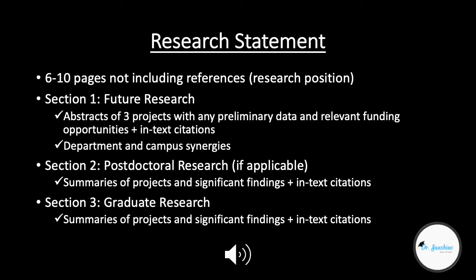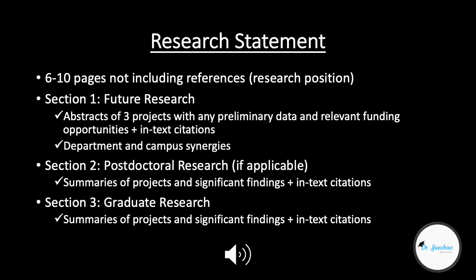If you have any preliminary data associated with this new project idea, then you should include that and explain how you've started this work and how you plan to expand this work upon joining the faculty at this department. Further, you should indicate if you've identified any relevant funding opportunities to support this research, or even if you have already applied as someone with PI by exception status, meaning you're a postdoc and you got permission from your institution to lead grant submissions.